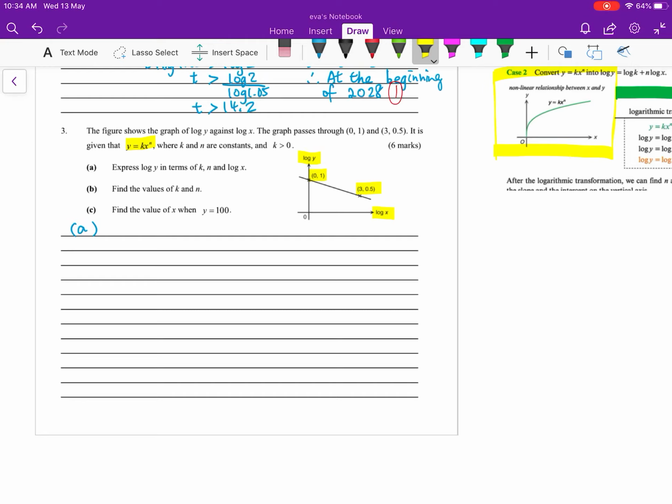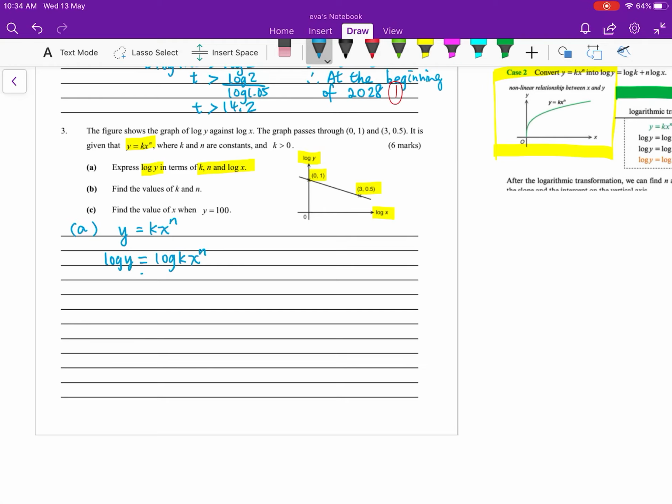So we first have to express log y in terms of k, n and log x. So we have to transform them into a log equation. Let's start here. Take log for both sides. Log y equal to log k x^n.